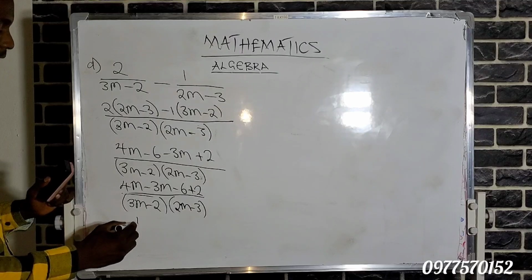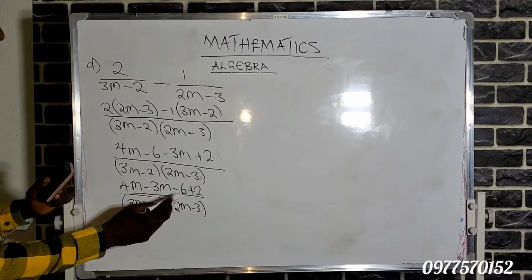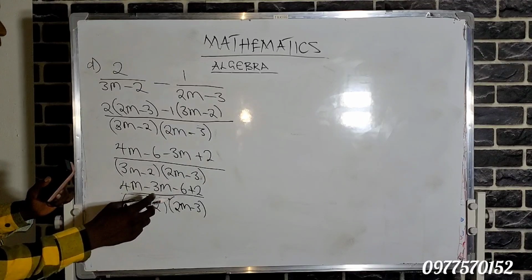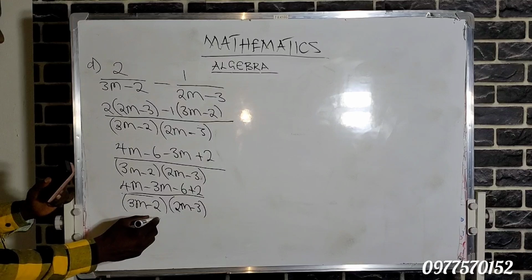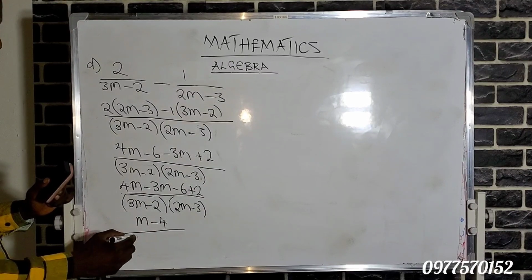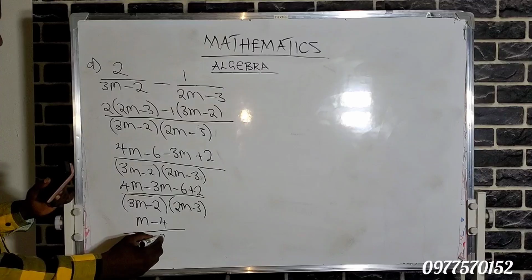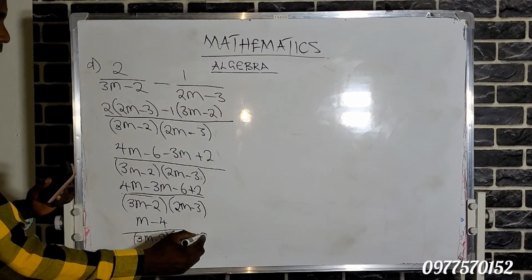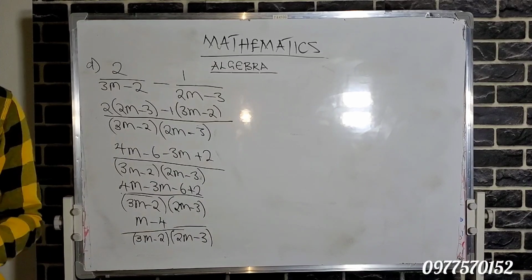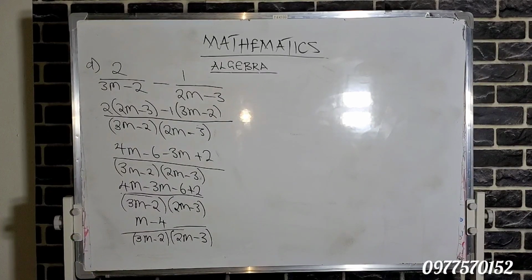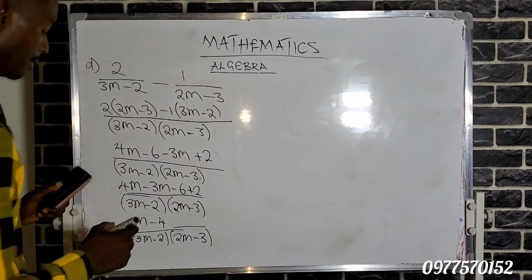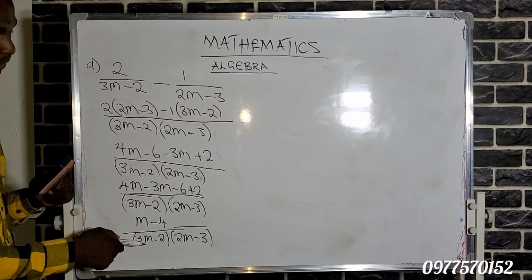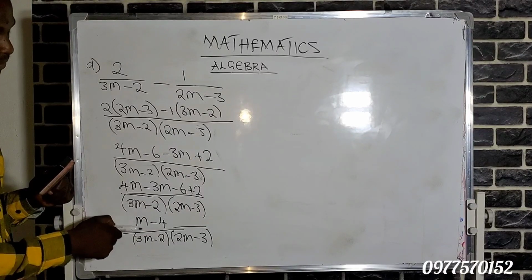4m minus 3m is just m. -6 plus 2: you subtract them and take the sign of the bigger number, so it is 6 minus 2, which is 4. The sign of the bigger number is negative, therefore it is -4. So we have (m - 4) over (3m - 2)(2m - 3). When you reach this point, you look at the numerator and the denominator and see if you have something in common.